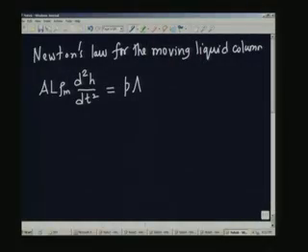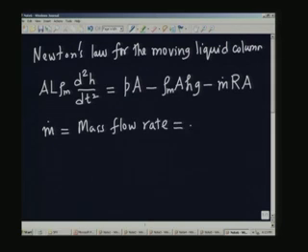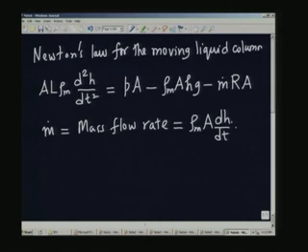So, we have P into A minus rho m into A h into g minus the viscous force, m dot r A, and m dot itself, the mass flow rate, is given by rho m into area into velocity. Velocity I will write as dh by dt, again using our idea of the modeling which I discussed a little while ago. Okay. So, I am going to substitute this in here.